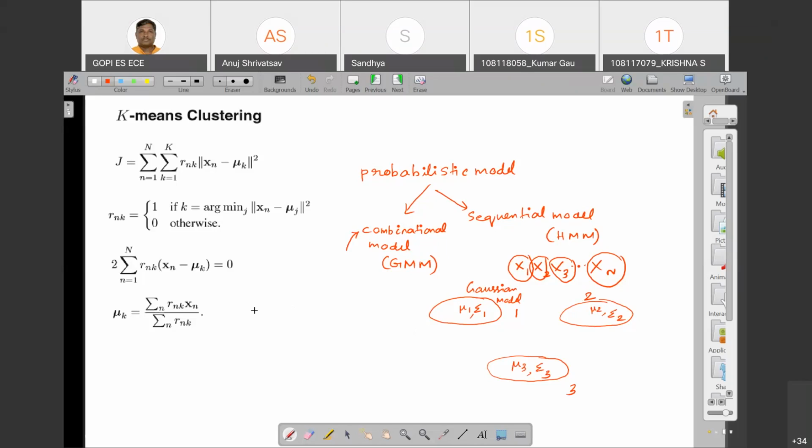In this case, the probability of x, some arbitrary vector, is generated as a linear combination like this.